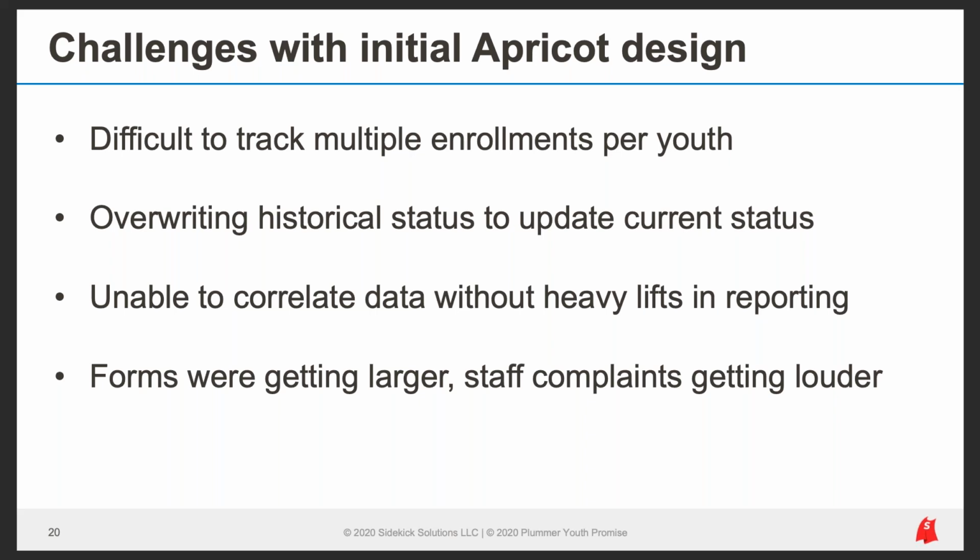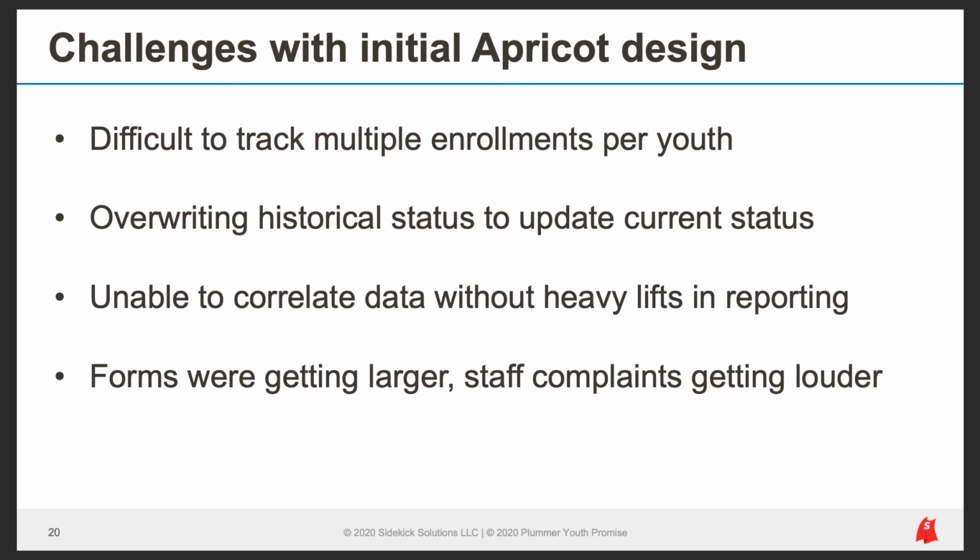We would also lose some of the historical data when a young person would change status in a program, because we were tracking status as of today without being able to maintain the historical context of each change.